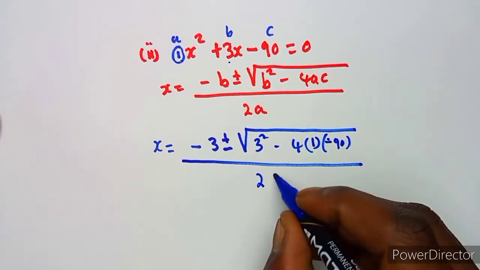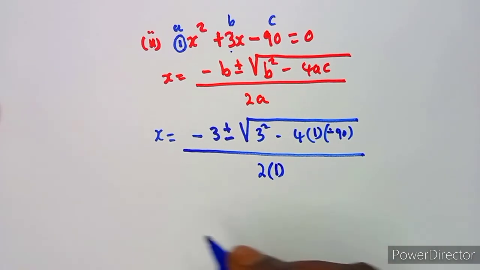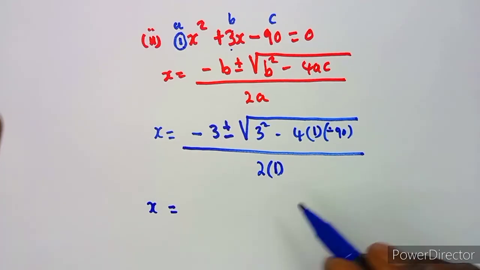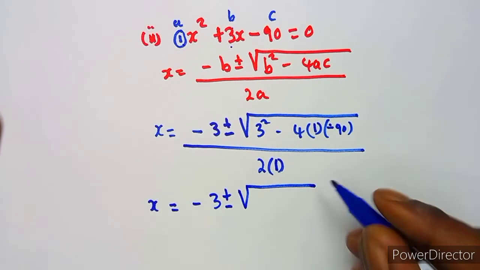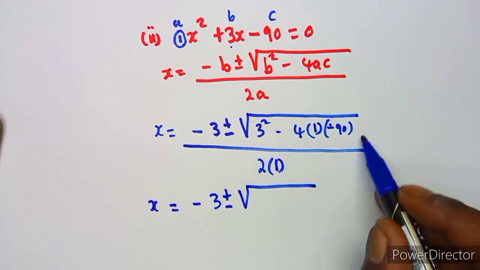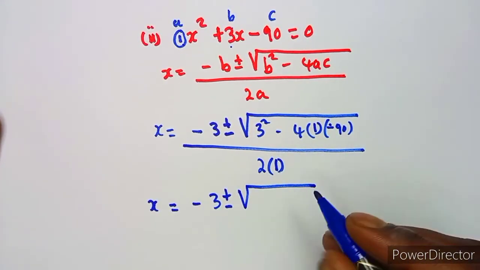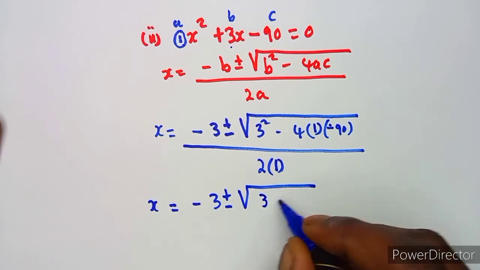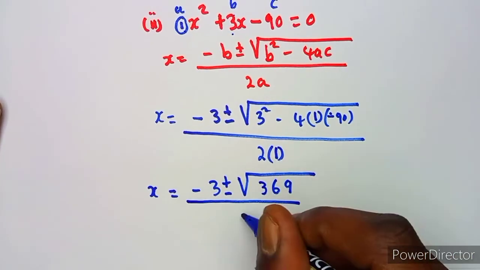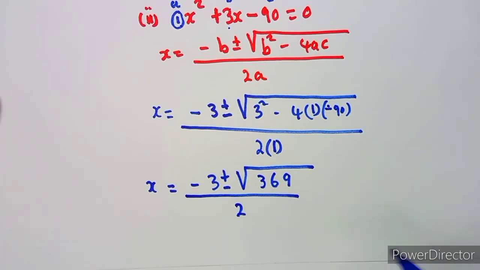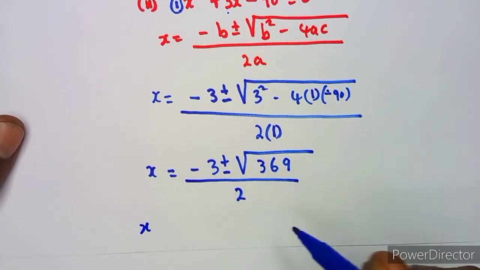Our a in this case is 1. I always say it's easier to simplify the part under the square root first. Evaluating these values, we obtain something like 369, everything over 2 times 1, which is 2. By this we can now separate.